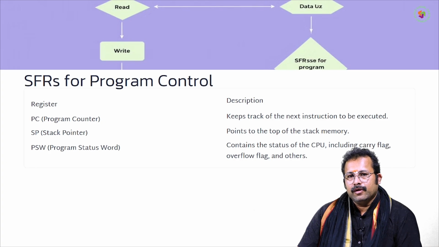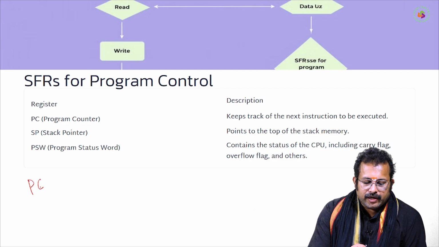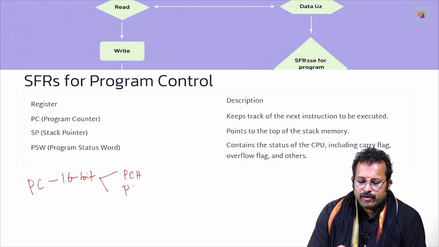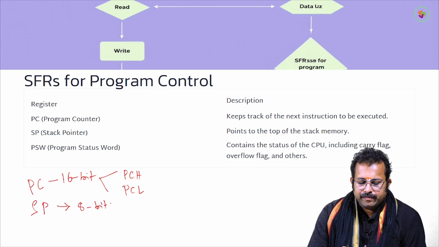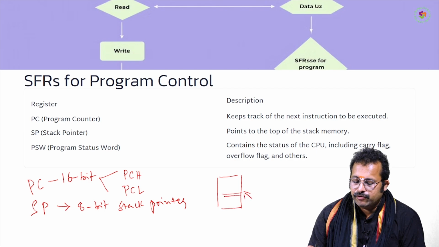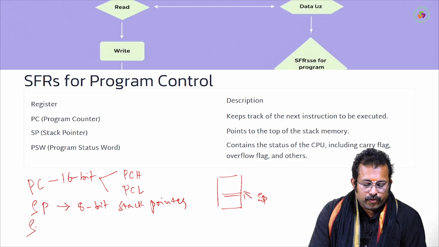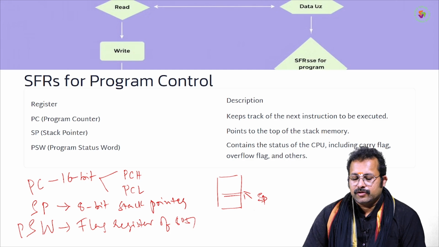For program flow control, we have three different registers: the program counter, which is a 16-bit register divided into program counter higher and program counter lower; the stack pointer, which is an 8-bit register that shows the top of the stack, used for stack operations; and the program status word, otherwise called the flag register of the 8051.